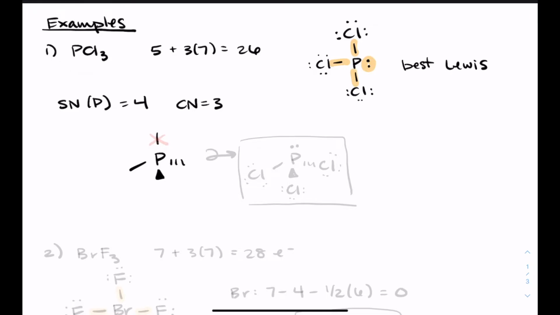So I have phosphorus, then the rest of my trigonal pyramidal shape with the chlorines. I'm going to fill in my lone pair on phosphorus. I am also going to fill in my lone pairs on the chlorines.